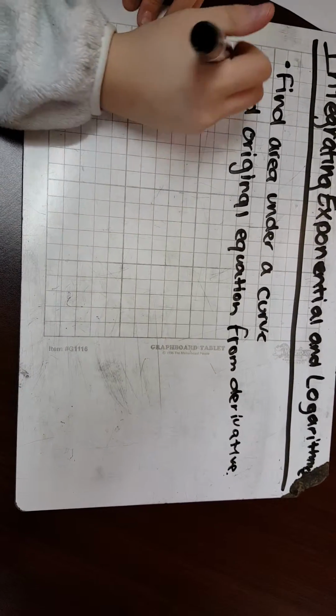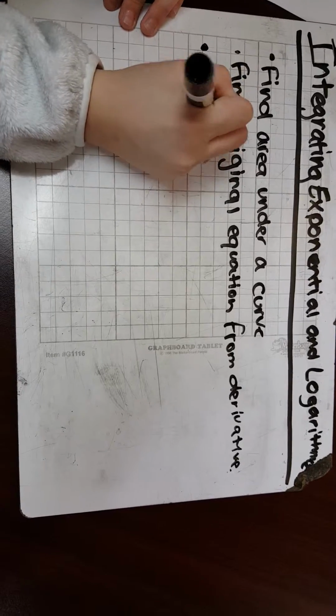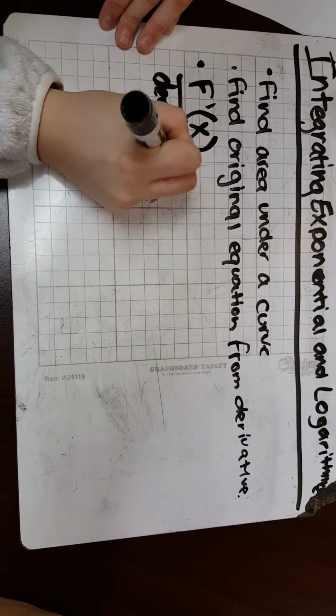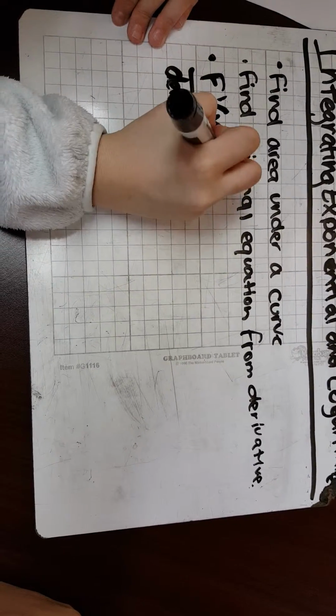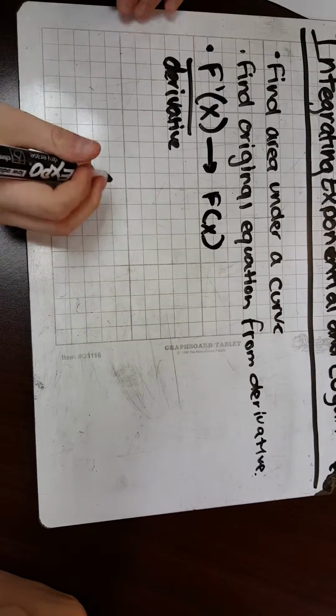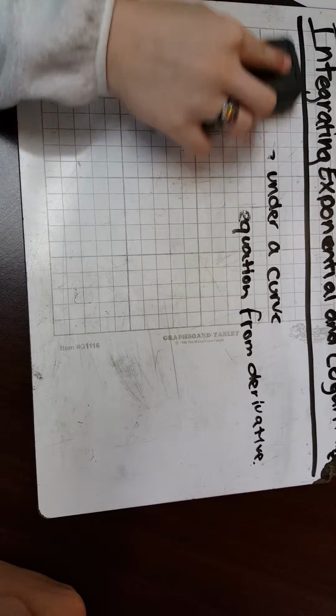Okay, and also you'll see something similar to this. So this will be your derivative, and you want to find the original equation. So if you see any of these type of things, that means you're integrating. So let's use an example first.